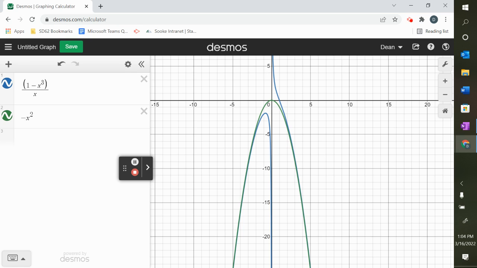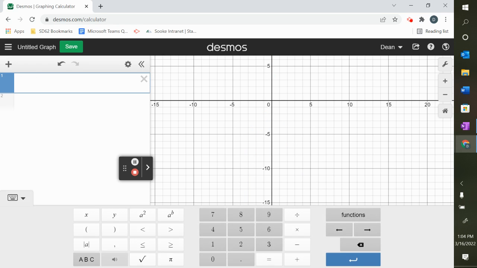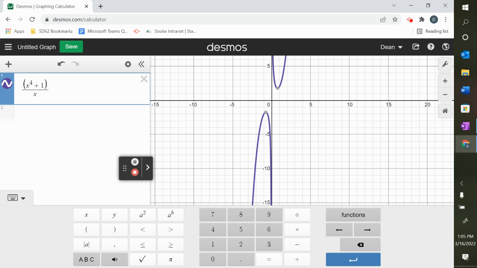What if it's a third degree difference? Watch. If I do x to the power of 4 plus 1 over x, there's our graph.